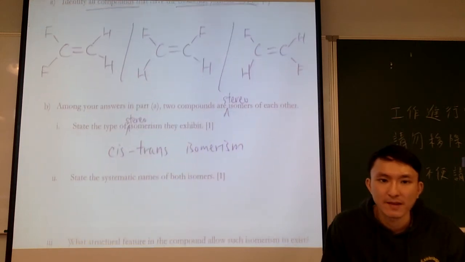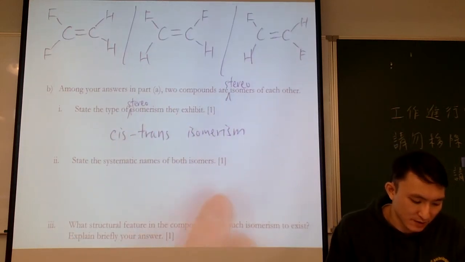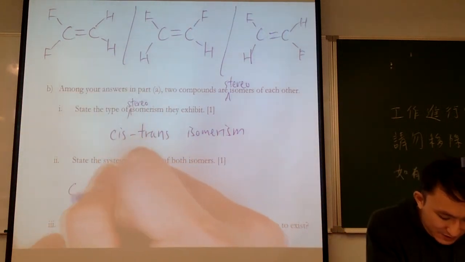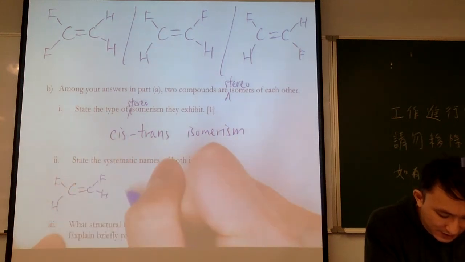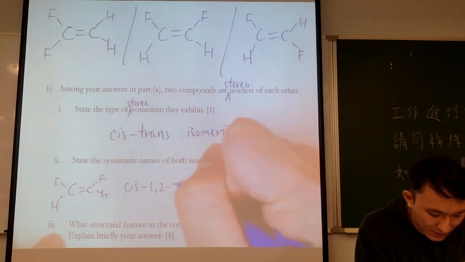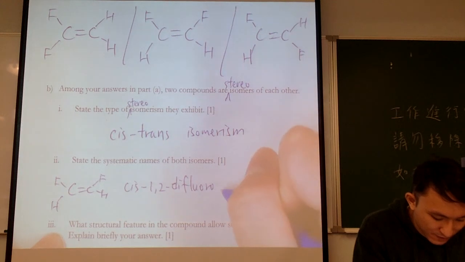Okay, and then state the systematic name of both isomers. So for this one, this is cis-1,2-difluoroethene.